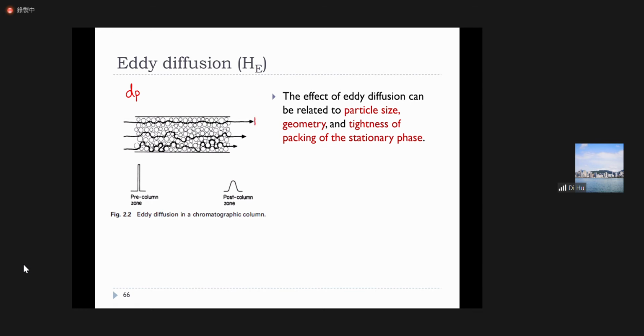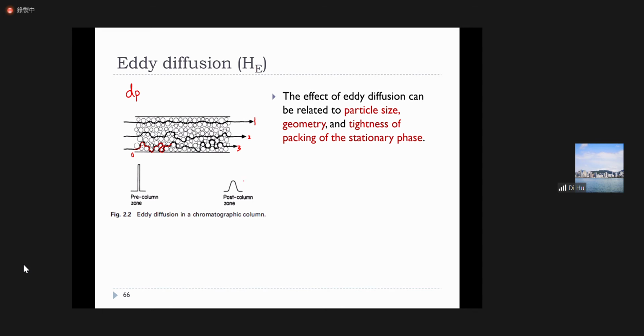And then some of this analyte may not be so lucky, so they might go through some pathway that is more difficult. They may make some detour, okay? So it takes a longer time for them to go through the column, so they come out last. Okay, so that's why even at the very beginning, they all enter at the same time.